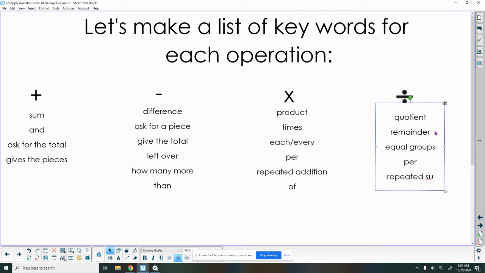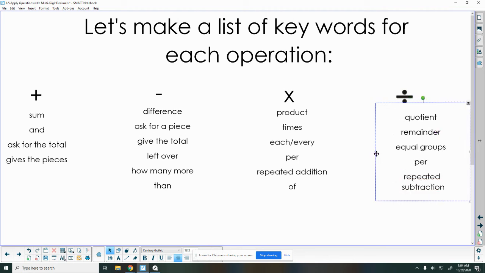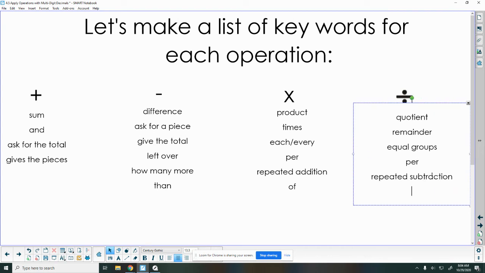Repeated subtraction is division. The word of can be there as well, or each and every. So when we are dividing and multiplying, we really have to think about, do I want my answer to get bigger or smaller? Am I making groups of something, or am I doing the same thing over and over again?